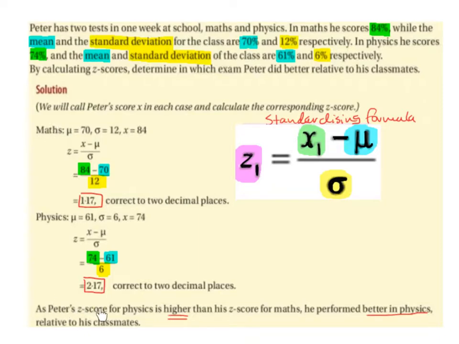As Peter's Z-score for physics is higher than his Z-score in maths, he performed better in physics relative or compared to his classmates. So although he got a lower grade, he got a grade of 74 in physics compared to 84 in maths, he actually performed better in physics relative or compared to his classmates.